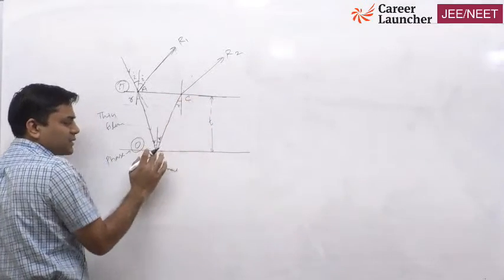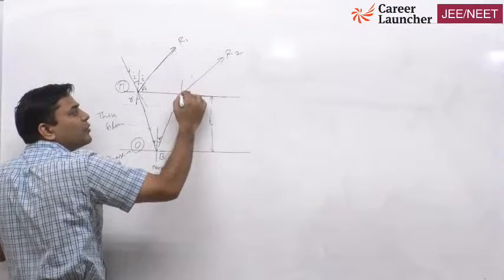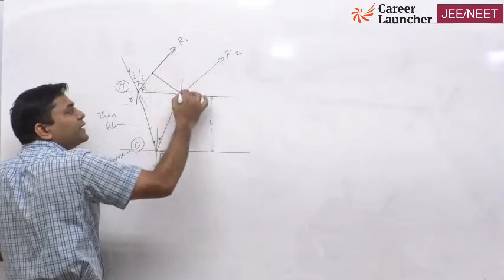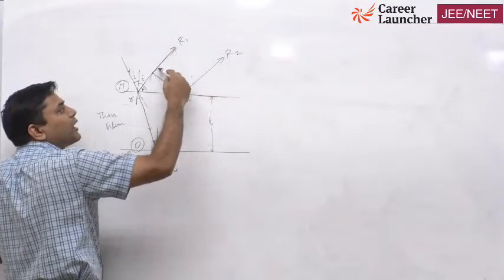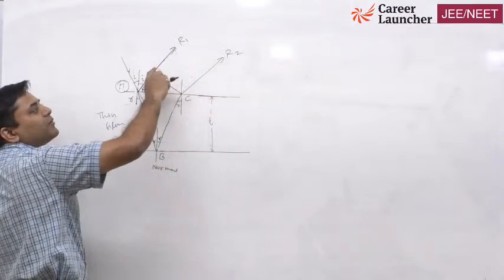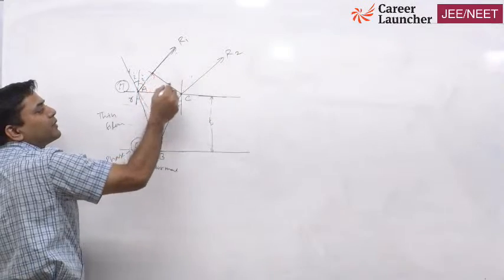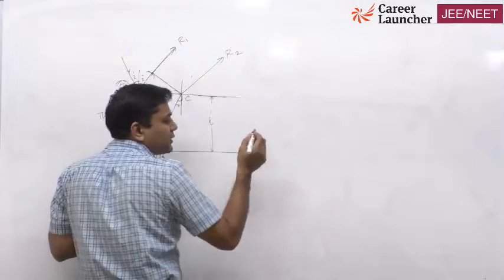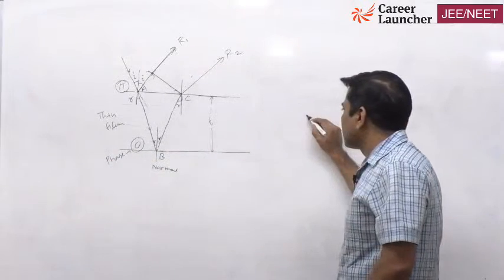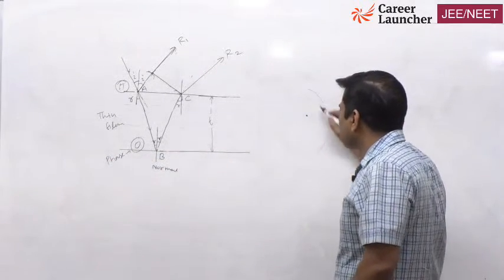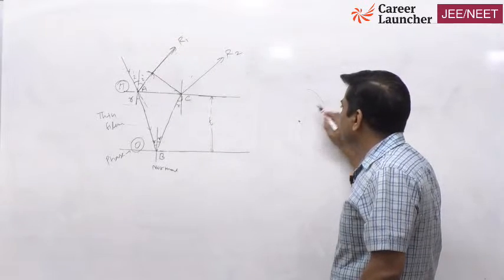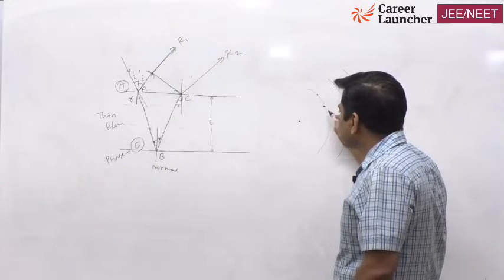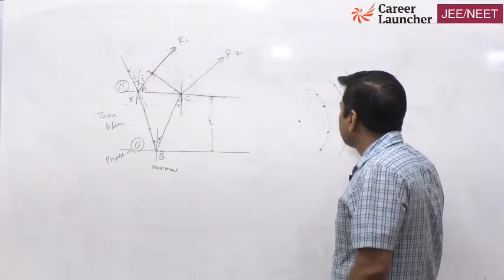As soon as this ray R2 emerges, this is the same phase point, you can draw an arc like this. You know by this rule, primary source and secondary source: this is the primary source, then these are the wave forms, and all the points over here work as secondary wavelets.